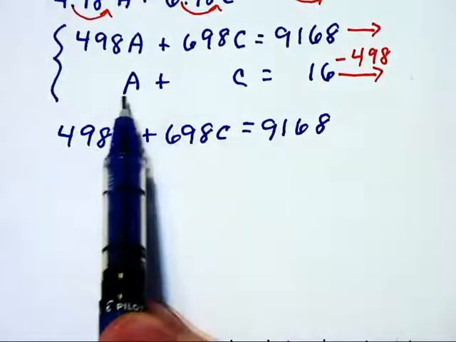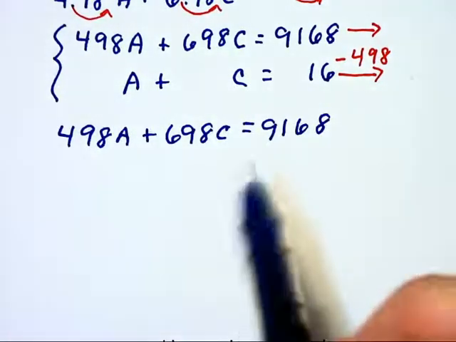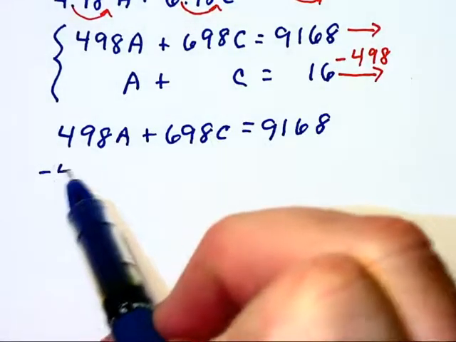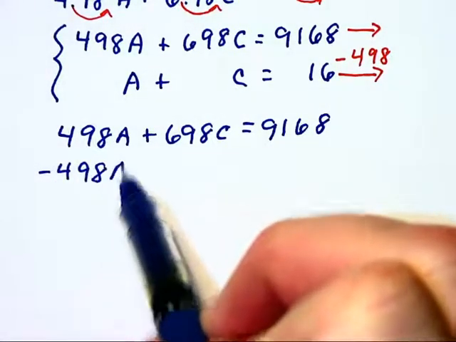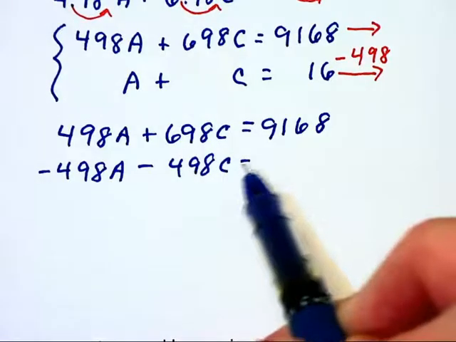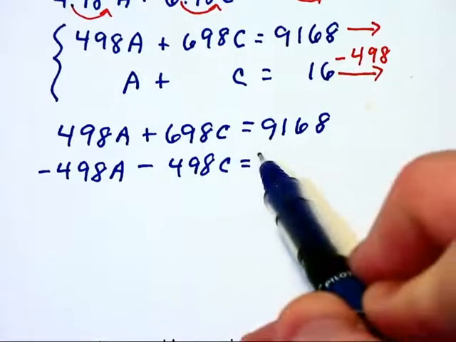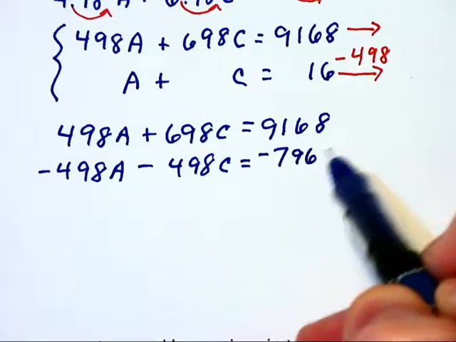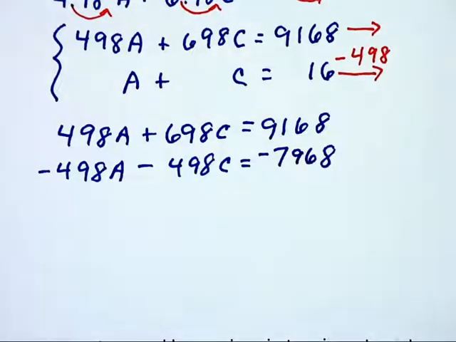But the second equation, when you multiply through and distribute that to each position, gives us negative 498a minus 498c equals negative 7,968. And I've already done that math ahead of time.